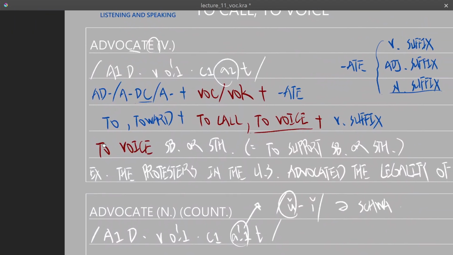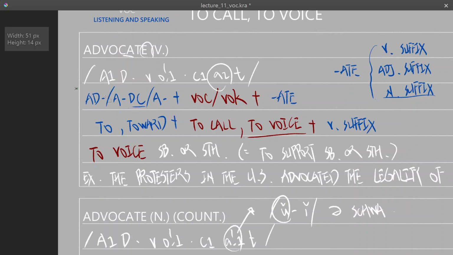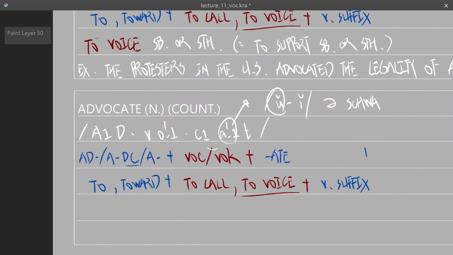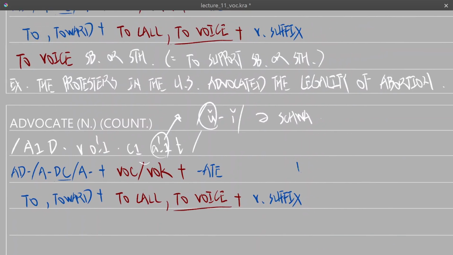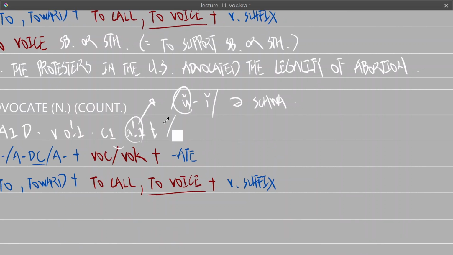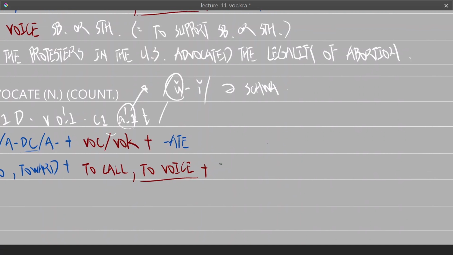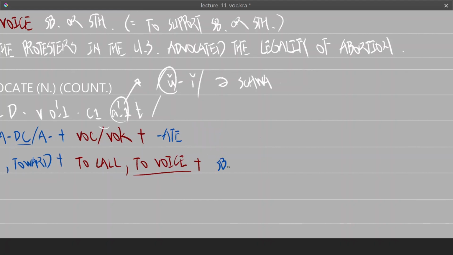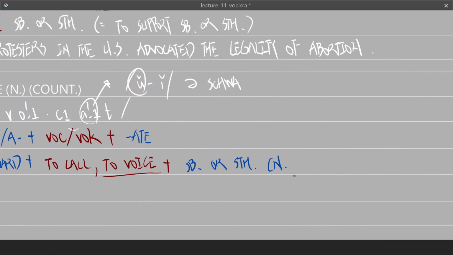Since it's the same analysis, let's just copy and paste and modify. Ate now is a noun suffix, so it means somebody or something.